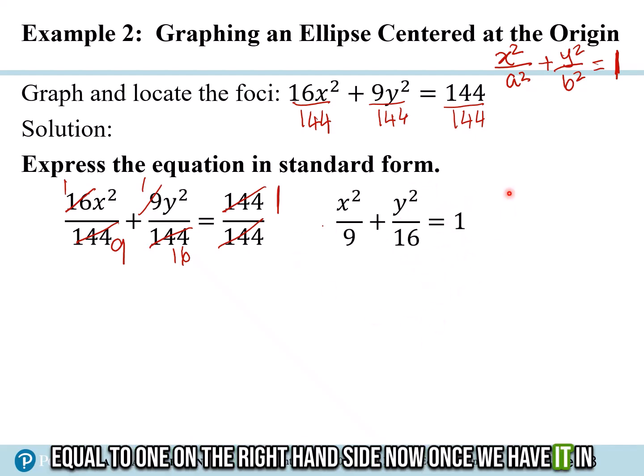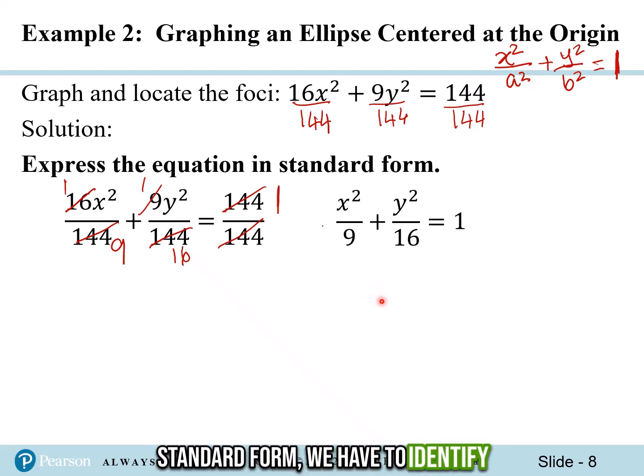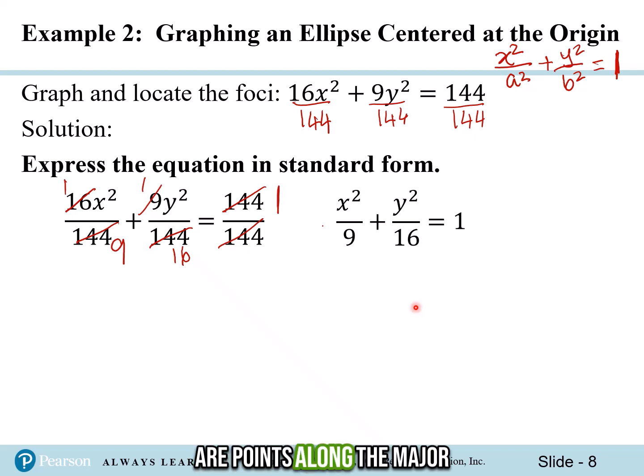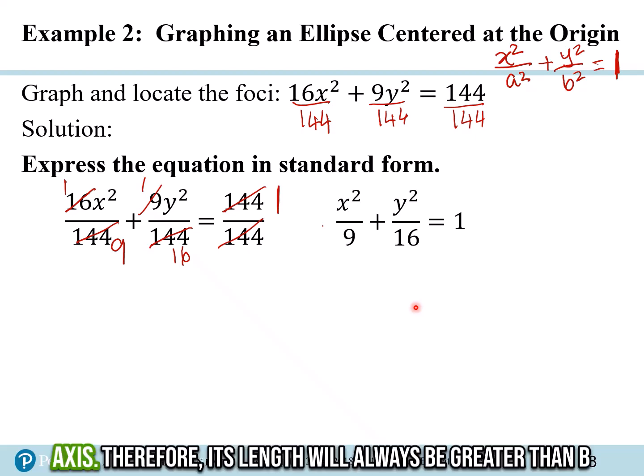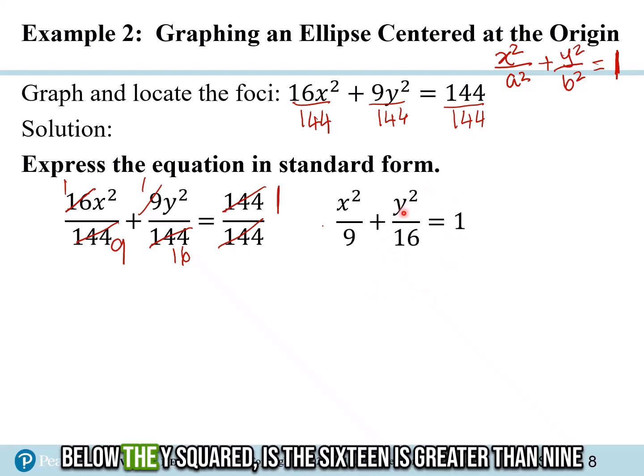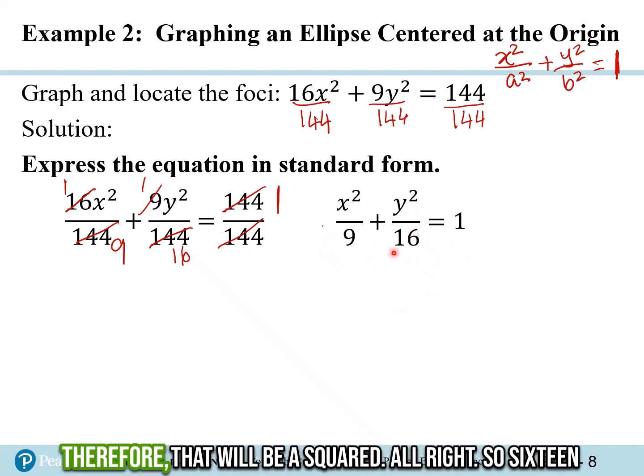Now, once we have it in standard form, we have to identify which is A and which is B. A always represents points along the major axis. Therefore, its length will always be greater than B. Now over here we have 16 below the y squared. The 16 is greater than 9. Therefore, that will be A squared. All right.